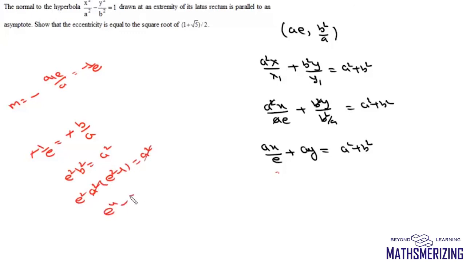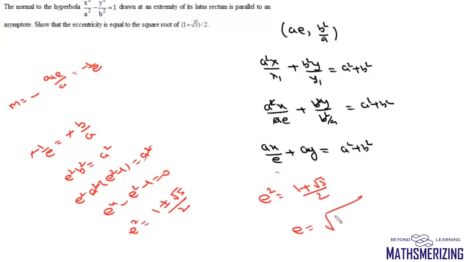We'll get e to the power 4 minus e square minus 1 equals 0. So then e square is (1 plus minus under root 5) by 2. Now e square cannot be negative, so we'll get e square as (1 plus under root 5) by 2. That is, the value of e is under root of (1 plus under root 5) by 2, and this is what we needed to prove.